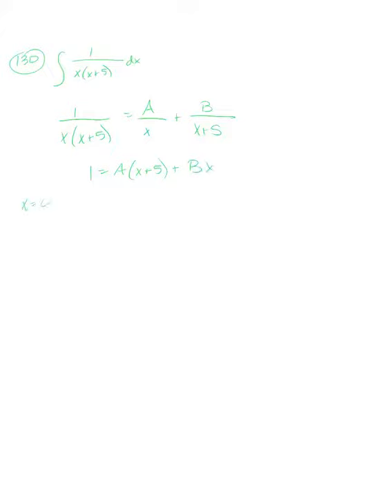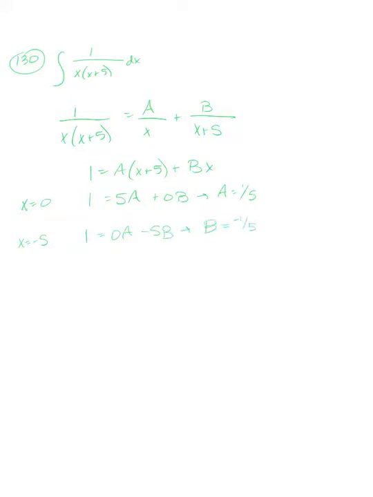If I let x be 0, I get 1 equals 5a plus 0b, which means that a is 1/5. And if I let x be negative 5, I get 1 equals 0a minus 5b, which means that b is negative 1/5.